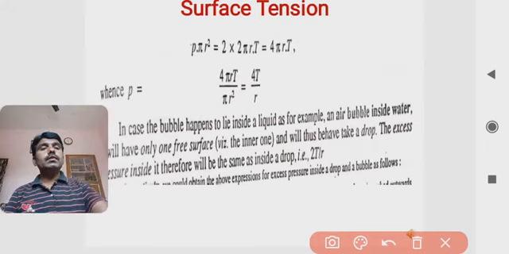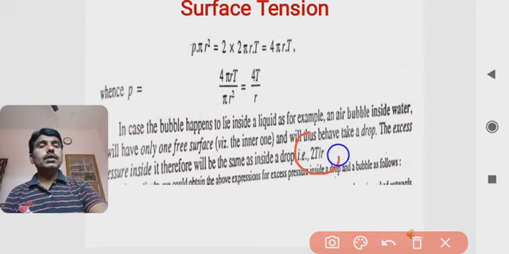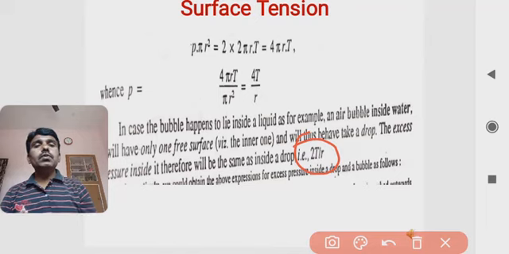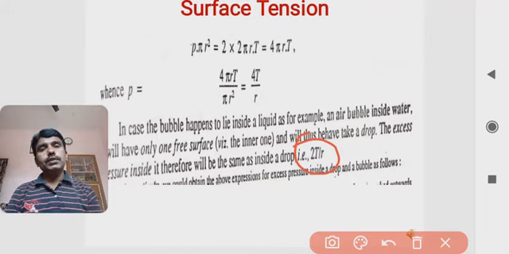So in this case, whatever be the excess pressure working inside such type of air bubble in the liquid medium, it is nothing but 2T by r, similar to the excess pressure inside a liquid drop. म्हणजे excess pressure inside a liquid drop, it is 2T by r, excess pressure inside a soap bubble, it is 4T by r, and excess pressure of air bubble in the liquid, that is 2T by r.